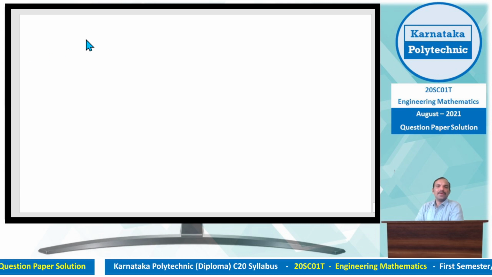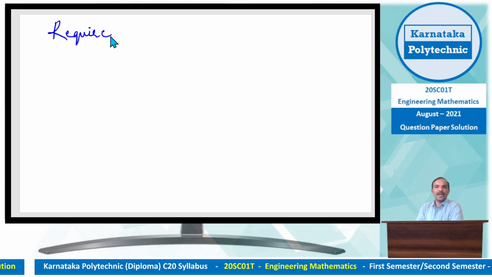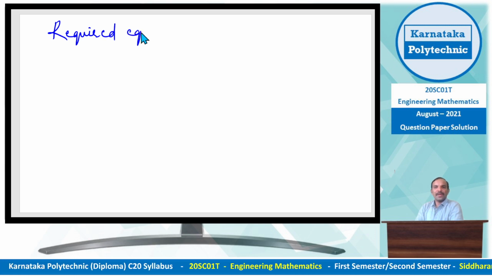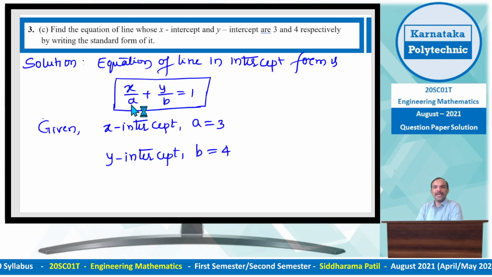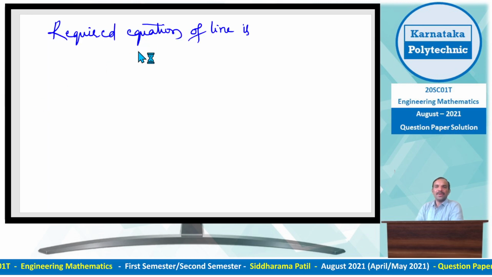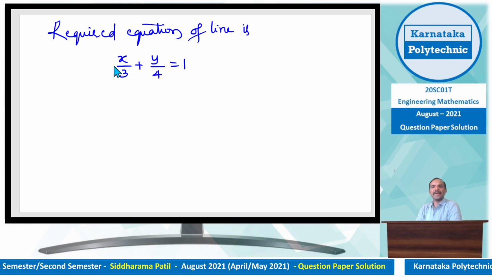The required equation of line is x by a, which is 3, plus y by b, which is 4, so x by 3 plus y by 4 equal to 1. Simplify by taking LCM.